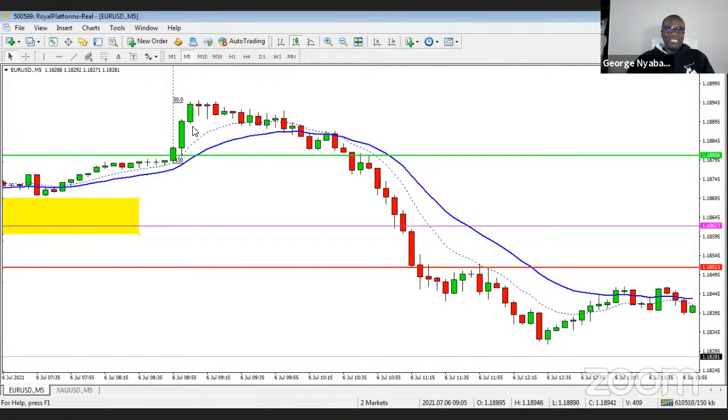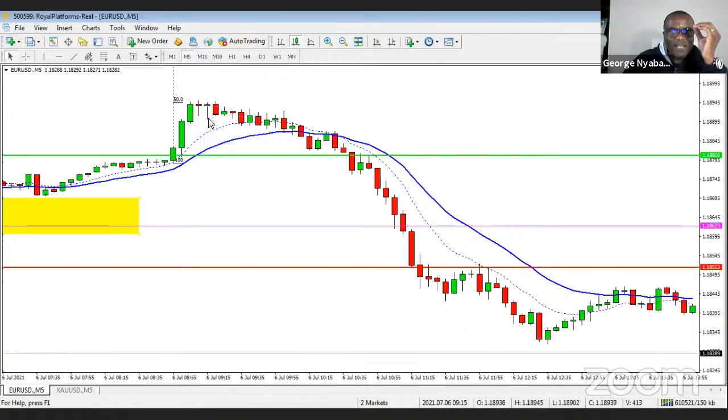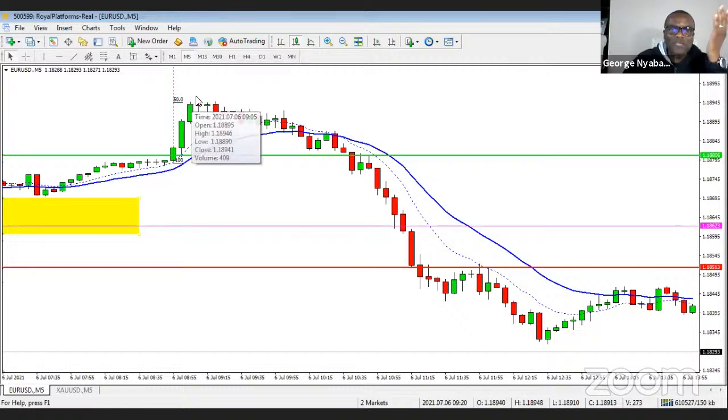Because what you want to start to observe is, okay, I do get the breakout, and I want to see a very clean pullback to the 10 EMA. Why? Because you got a breakout, there is some profit taking, but the trend, the breakout, has to resume.